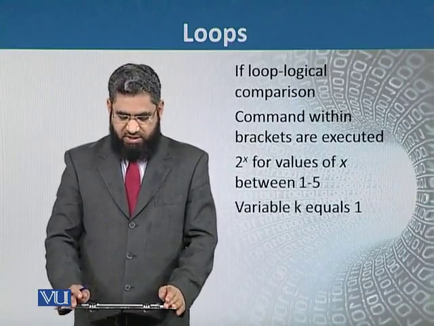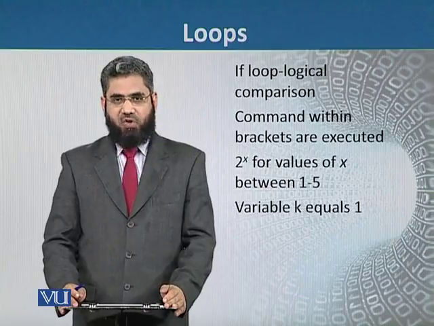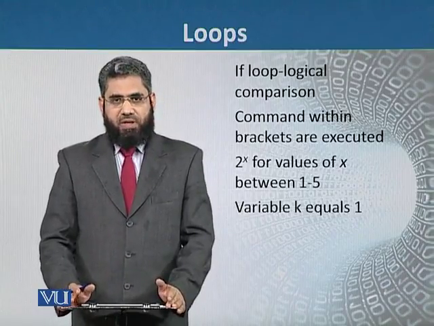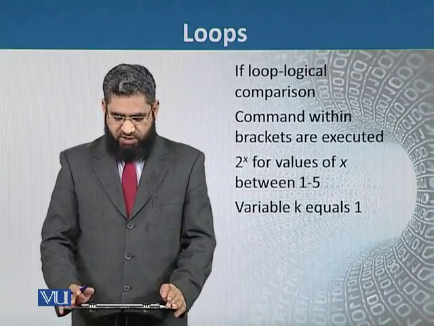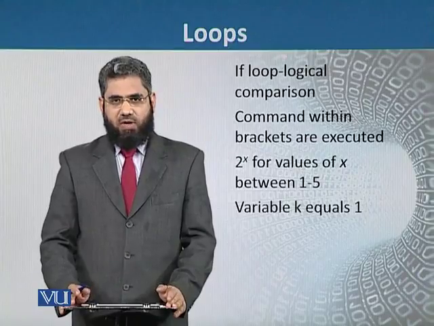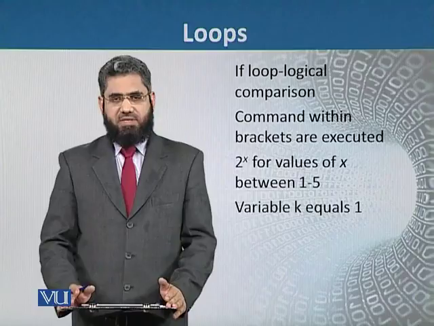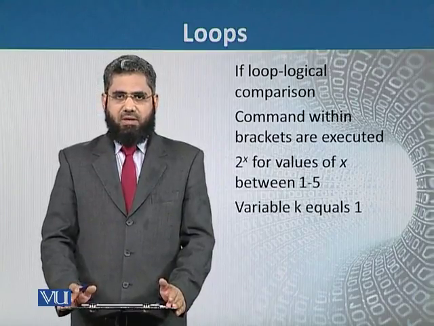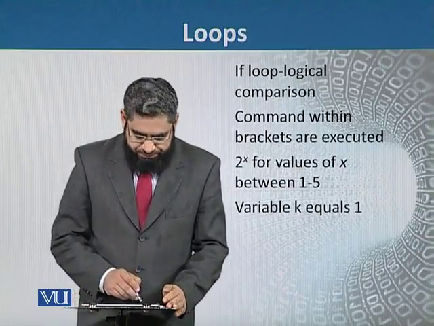For example, if we want to execute 2 raised to power x for x between 1 and 5, we have to give a variable to the if loop. If the variable, in this case k, is equal to 1, the if loop will analyze the logical comparison, and if it sees that k is equal to 1, then the commands present within the bracket will be executed.